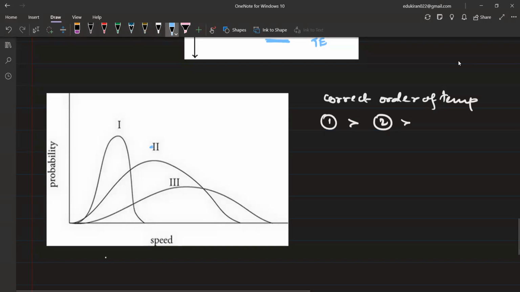I mean, you write 2 for this, and 3 for this, okay? What will be the correct order of temperature? You have shown 3 graphs, and what do you think is the correct order of temperature?